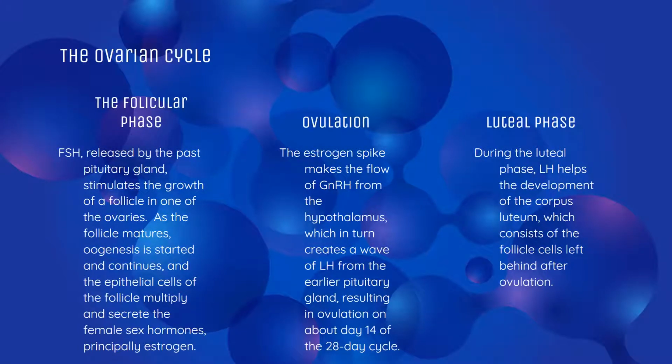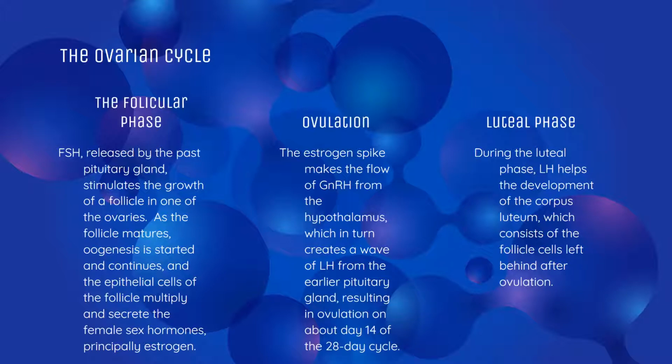The ovarian cycle. First, the follicular phase. The follicular phase is when FSH is released by the anterior pituitary gland. It stimulates the development of a follicle in one of the ovaries.